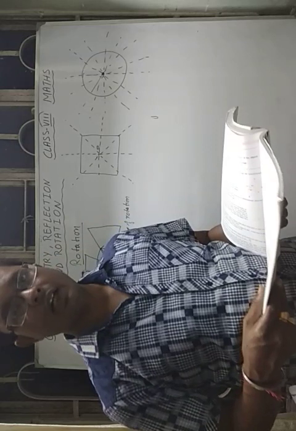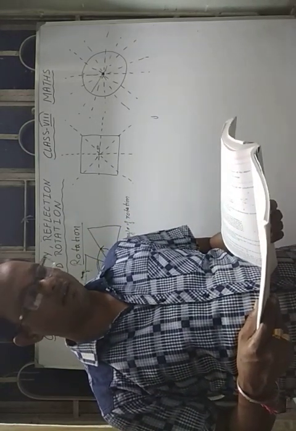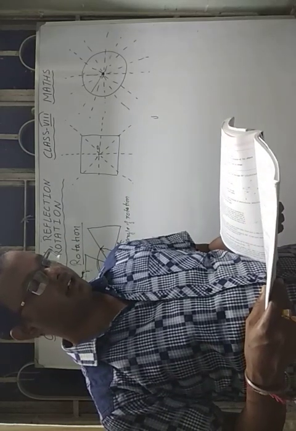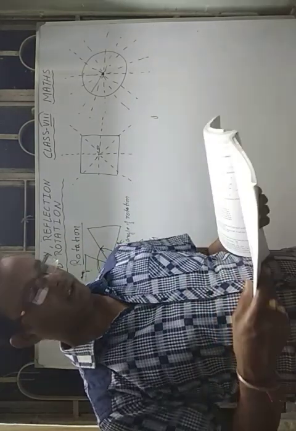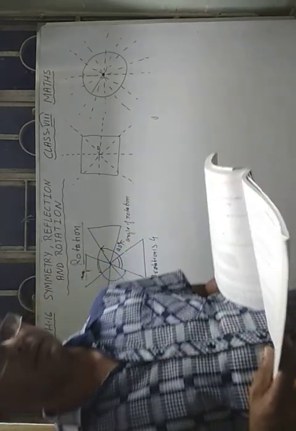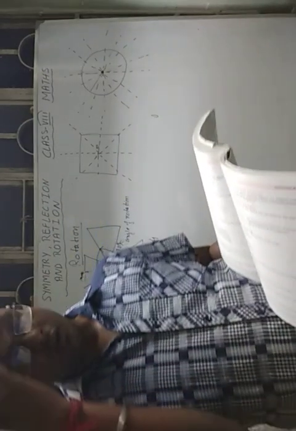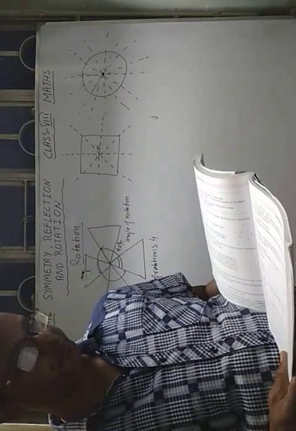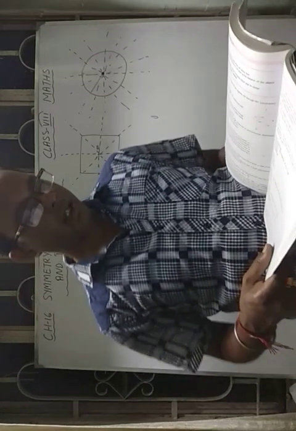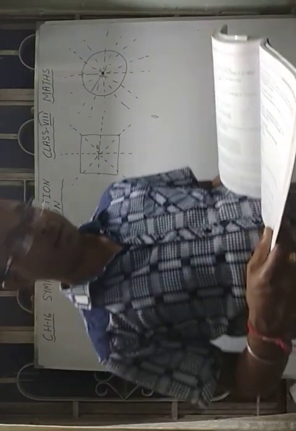Scalene triangle, no line of symmetry, not rotational, no point of symmetry. Isosceles triangle, only one line of symmetry and no point of symmetry, because a figure with only one line of symmetry cannot have a point of symmetry, and it is also not rotational. Equilateral triangle, 3 lines of symmetry and no point of symmetry here.